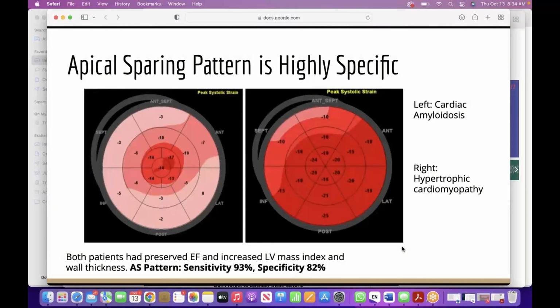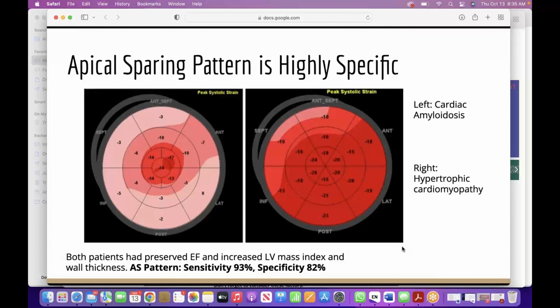One really important point is that the pattern of abnormality in patients with cardiac amyloid is very important as well. On the left here, we have a bullseye plot of GLS in an amyloid patient.